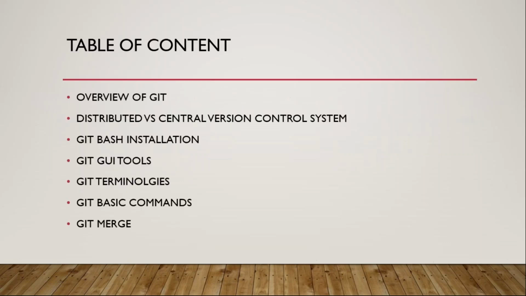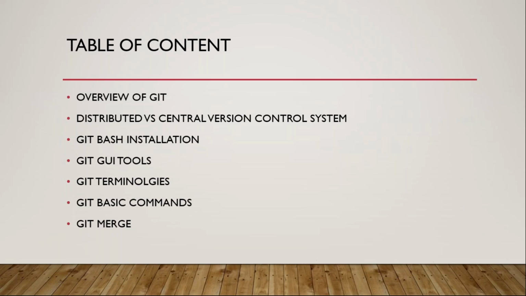In this session, I will be covering the following topics. I will give you an overview about Git. I will show the difference between central version control system and distributed version control system. Mostly, I will be explaining using Git Bash, showing various Git commands where you can perform various operations.